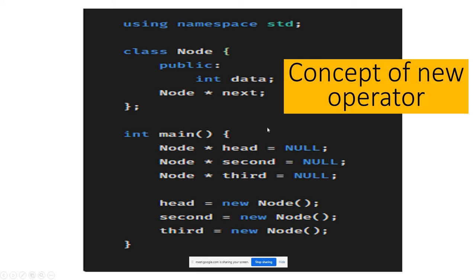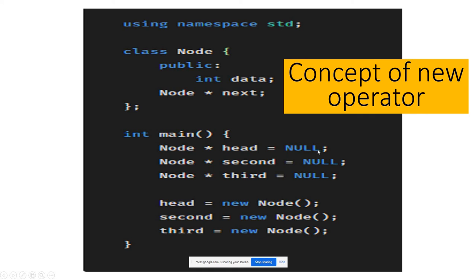Now you see how you use the new pointer with the class. The node is a simple data and an address. Address is a pointer called next. Now in order to create an object from the class, a head object, next object, third object, you can create them through a pointer.